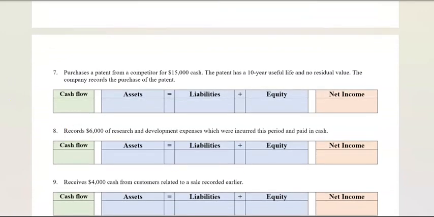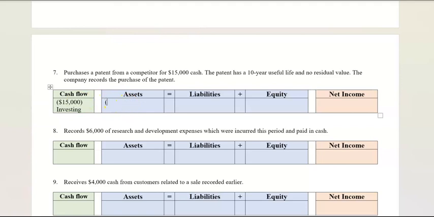Transaction 7, the company purchases a patent from a competitor for $15,000 cash. The patent has a 10-year useful life, no residual value. Record the purchase of that patent. All right, we're paying cash, so clearly cash is going to decrease by the $15,000. This is a patent we're going to have for 10 years. This would be considered an investing activity, a long-term asset.